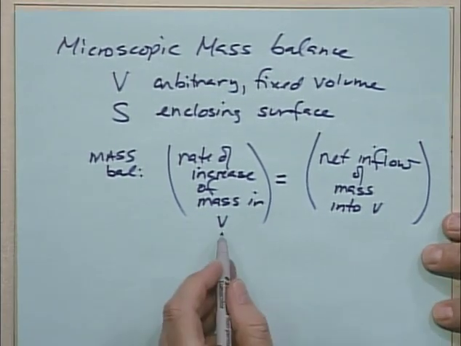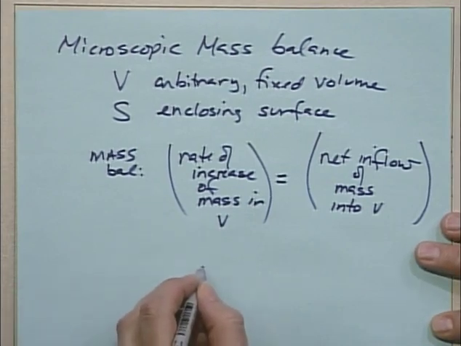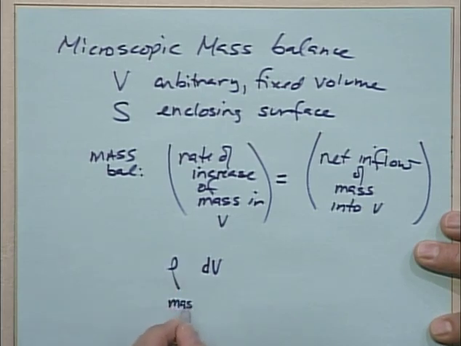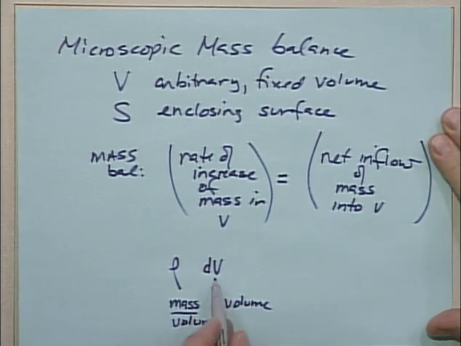What is the mass? Well, I'll pick a small piece of volume dV and multiply that by the mass per volume, the density. So the mass per volume is the density rho. The little piece of volume somewhere in space is dV.